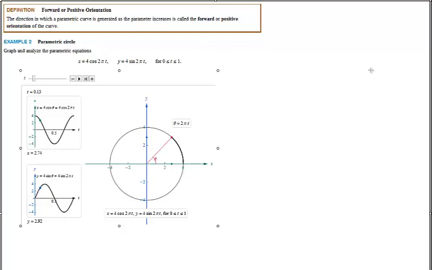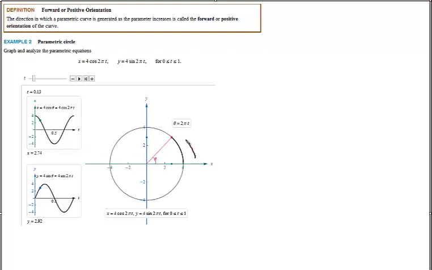So let's look at our graphs of this set of parameters here. So we have x is 4 cosine 2 pi t, and here's the graph of that. You can note the dot is where I just moved my t forward just a little bit so you can see how these dots are moving.